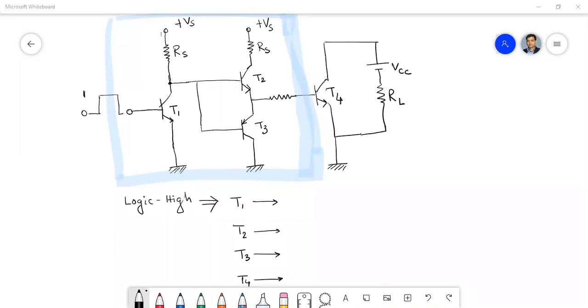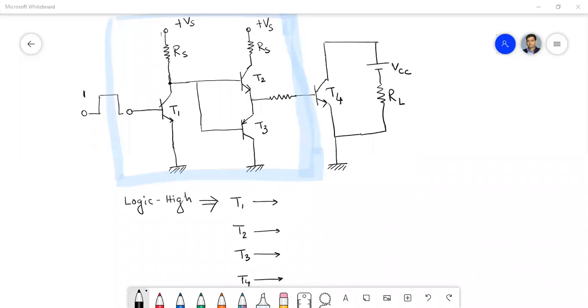Sir, if T1 is on, then T2 will be off because both are NPN transistors. Why? Can you explain? Because if T1 is on, then the base of T2 will be connected to ground, that is low state, so T2 will be off. Correct.